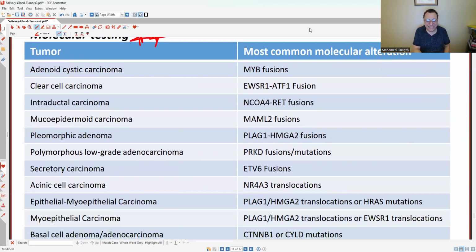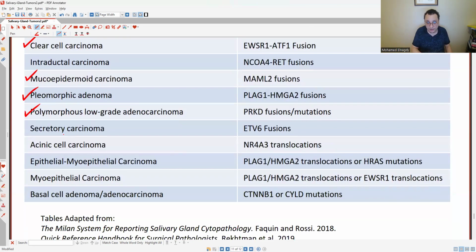Like adenoid cystic carcinoma, it's MYB, clear cell carcinoma, EWSR1. But the key things is adenoid cystic, of course, the clear cell, the mucoepidermoid, the pleomorphic adenoma, of course, the PLAG1, the polymorphous PRKD, the secretory ETV6 and NTRK, and the acinic cell NR4A, and the carcinoma ex pleomorphic adenoma is PLAG1 and TP53.